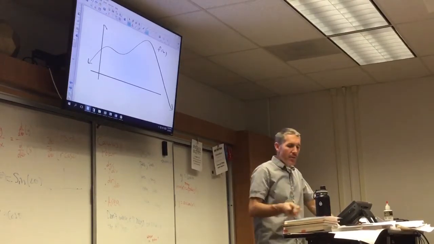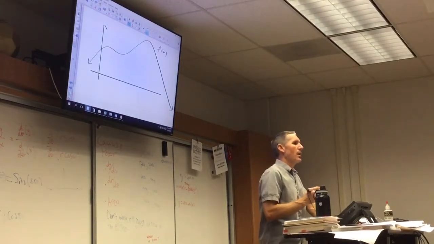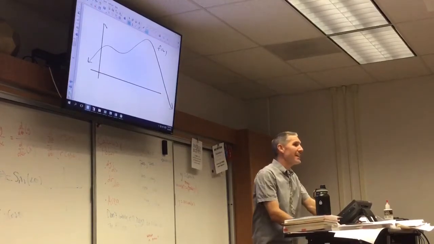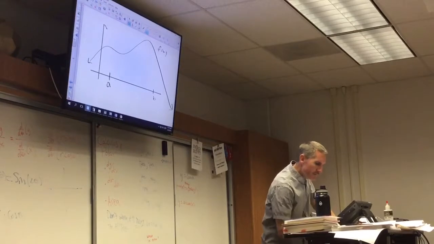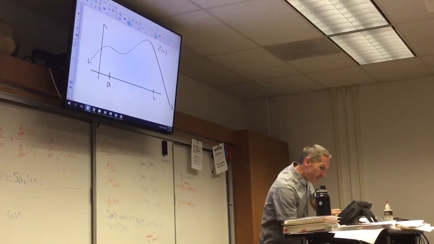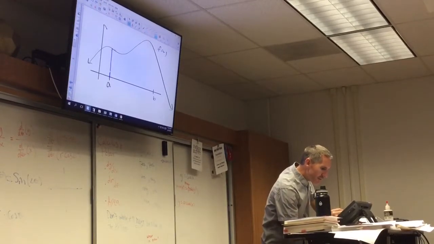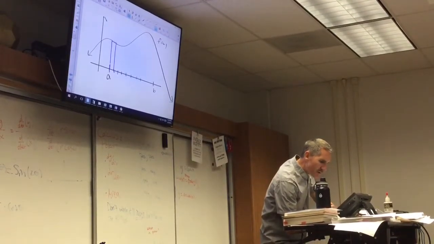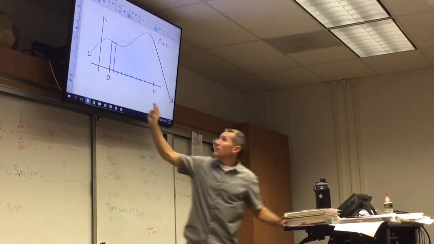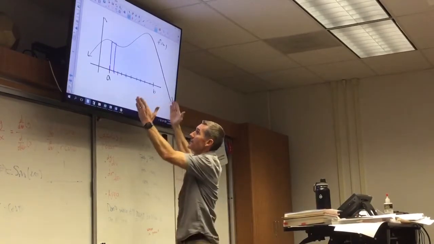We said, okay, think about it as, we started with these rectangular approximations where if you're going from A to B, we think about these as little rectangles, so we divide this up into a whole bunch of different sub-intervals within this interval.